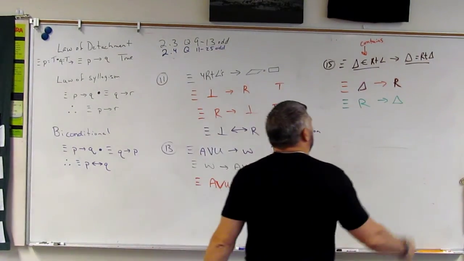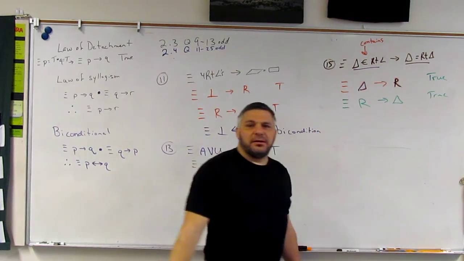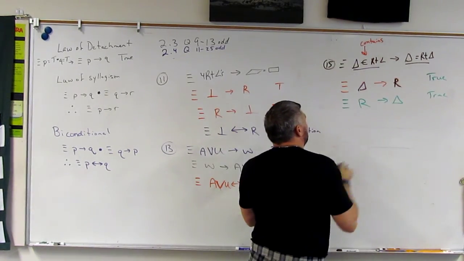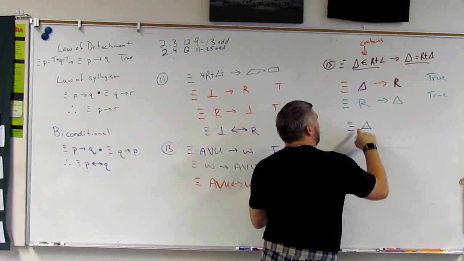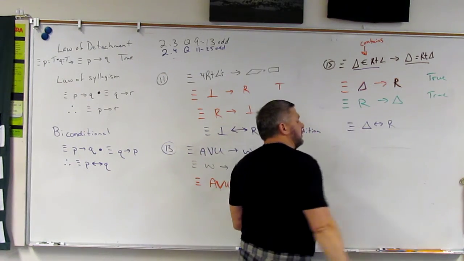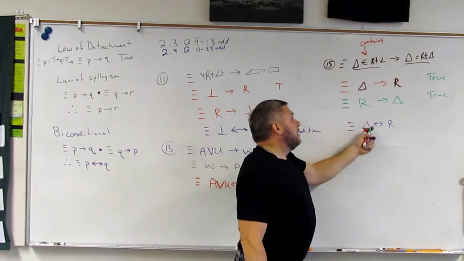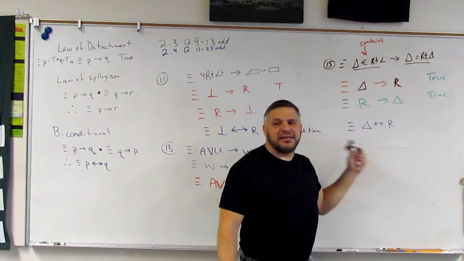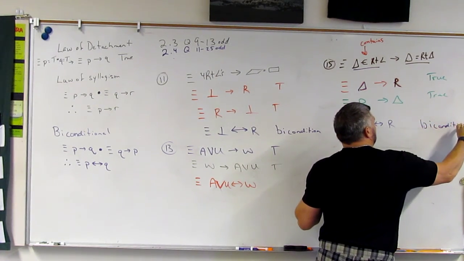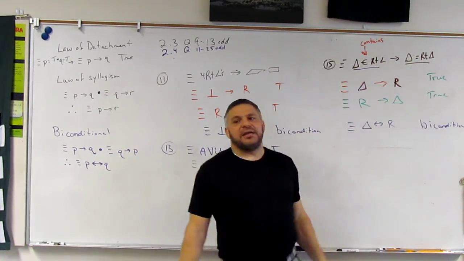So because both of these are true, we can write the biconditional statement, which is: if the triangle contains a right angle, then, and that is a biconditional then, the triangle is a right triangle.